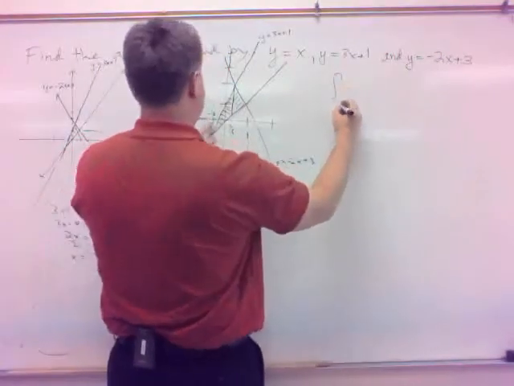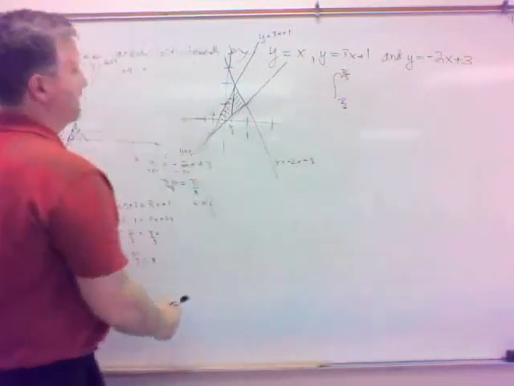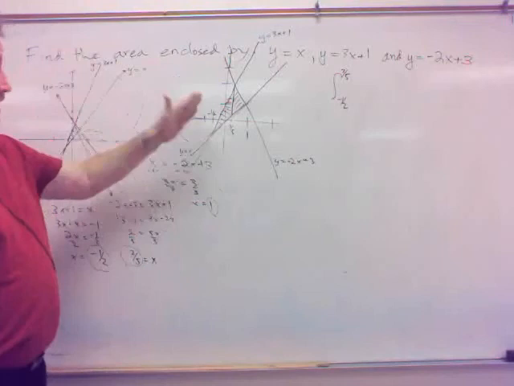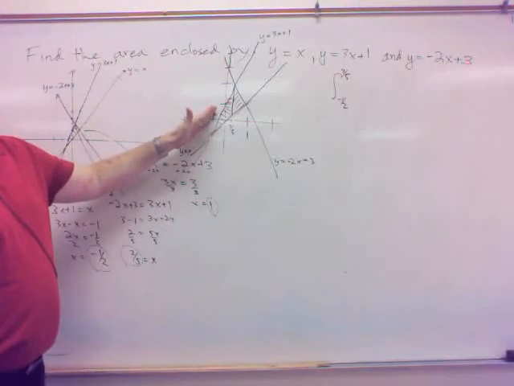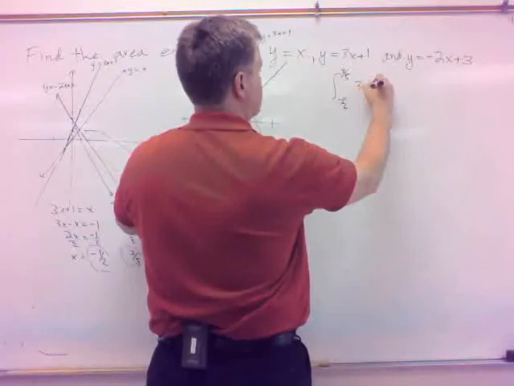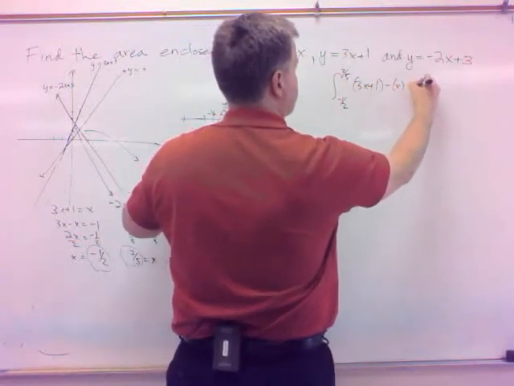It's the integral from negative a half to positive 2/5. And there, what's on top? You tell me. 3x plus 1's on top, and x is on bottom, okay? So it'll be 3x plus 1 minus the x dx.